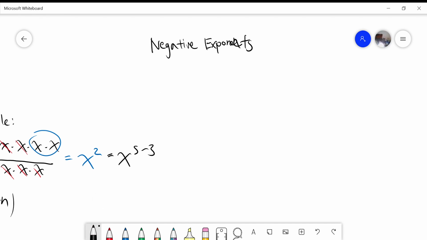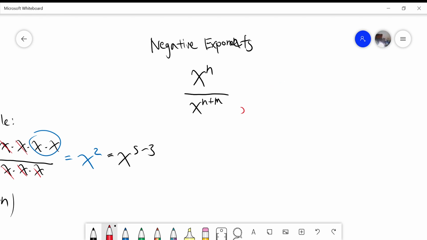Well, say we had something like, okay, so first we're gonna start with x to the n, and what we're going to do is we're gonna divide by x to the n plus m, where m is greater than 0.